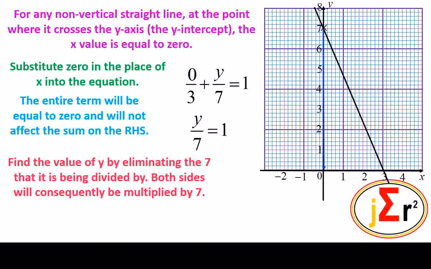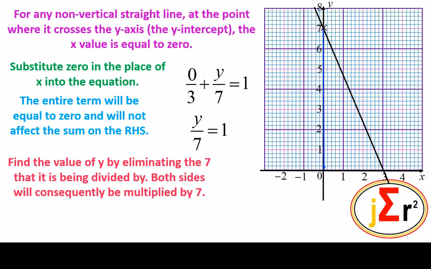Find the value of y by eliminating the 7 that it is being divided by. When we find the value of y, we would have found the y-intercept. As we have it right there, y is being divided by 7. We need to eliminate that 7, and that will be done by multiplying by 7.